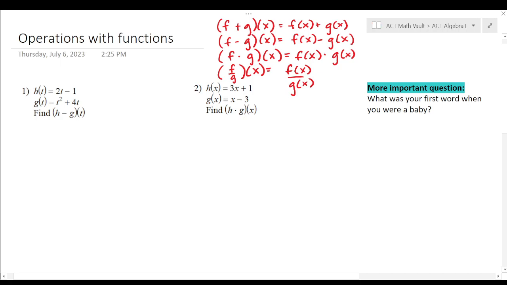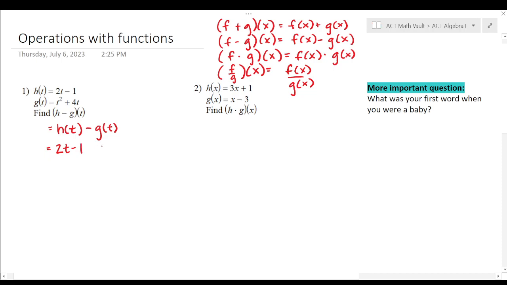So to do these problems 1 and 2, I want you to think like if it's h minus g of x, then that would just be h of t minus g of t. And, you know, we're just plugging in whatever the function's equal to. So this is going to be 2t minus 1.